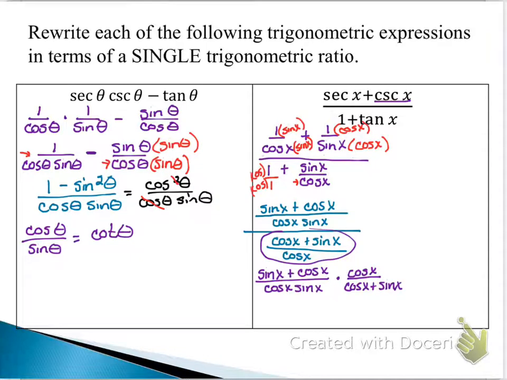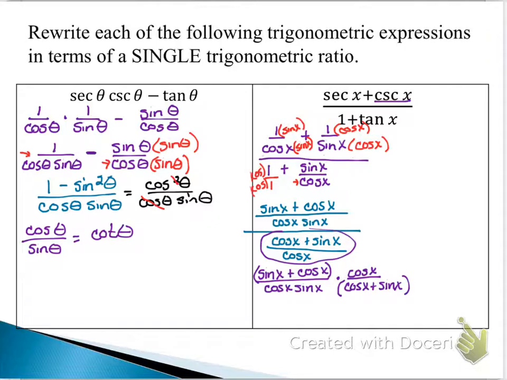Always like it that we can see what we can cancel. So remember your invisible parentheses on fractions. I have sine x plus cosine x on the left side in the numerator, and I have cosine x plus sine x in the denominator. So those can cancel because I'm multiplying.